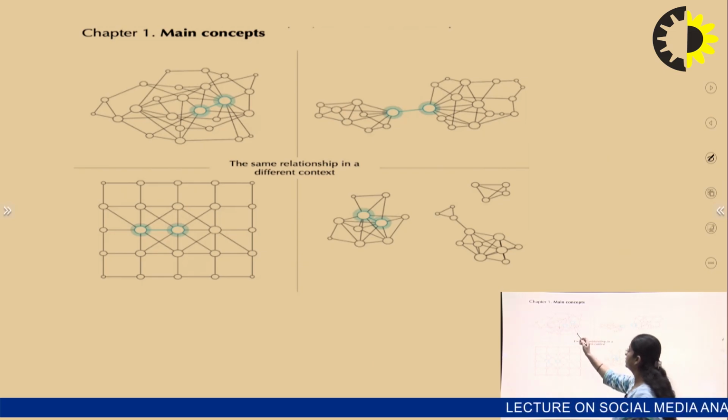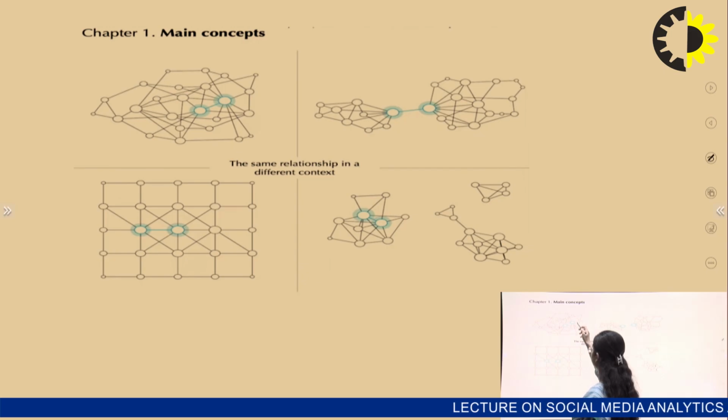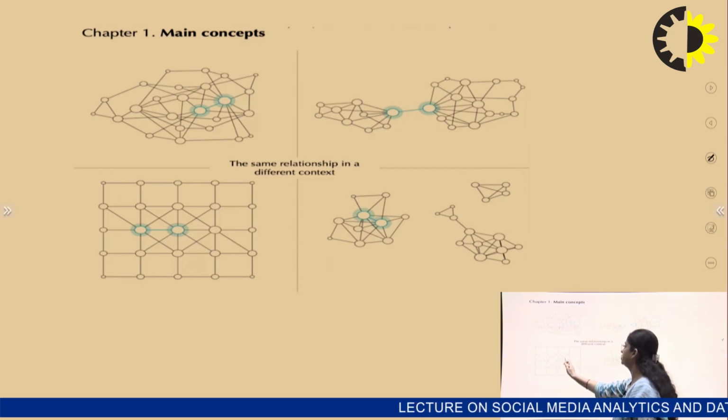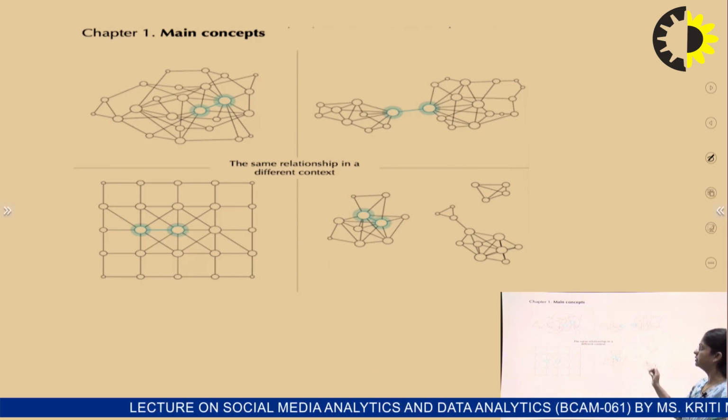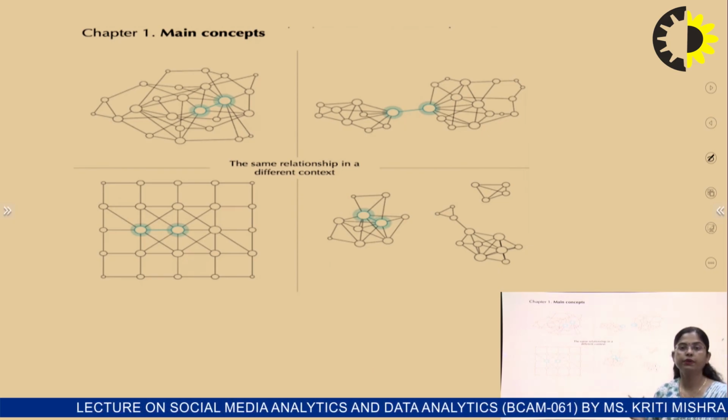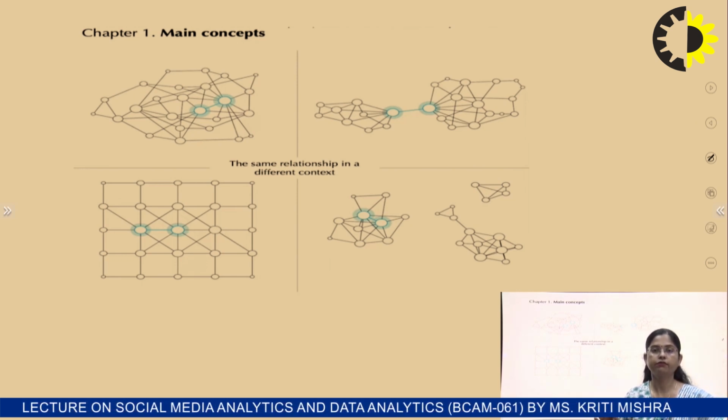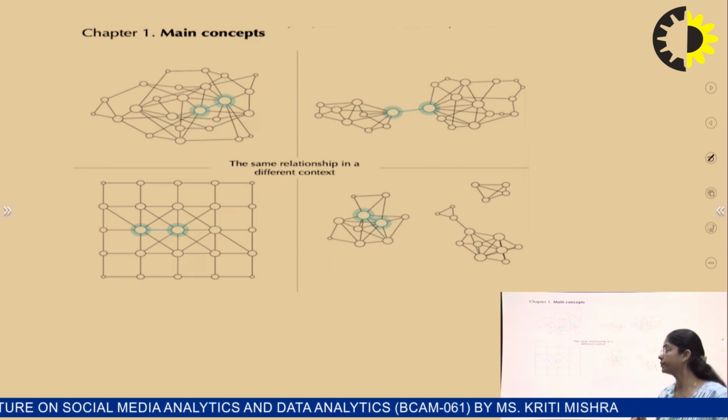In this graph you can see how these are connected with each other, and what the position of this particular vertex is. Here these are disjoint. Here they are connecting like a bridge. So the same relationships can be connected in a social media network in different ways.